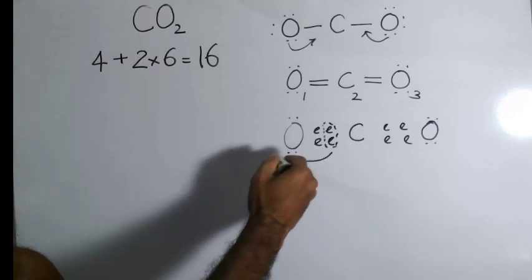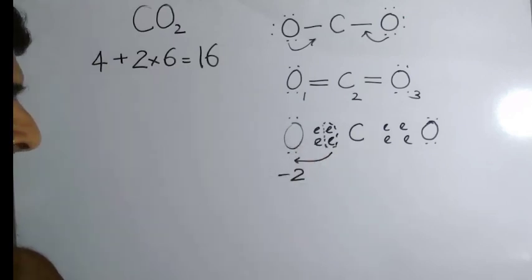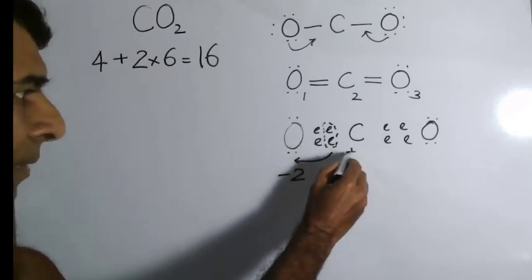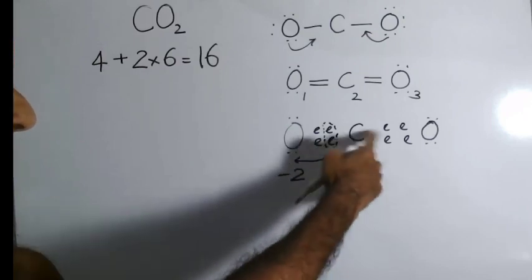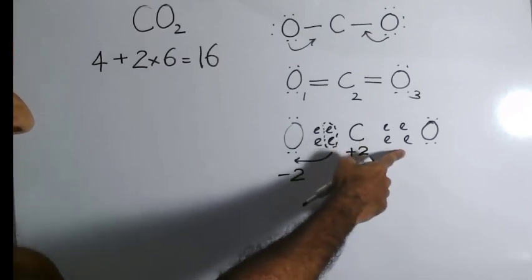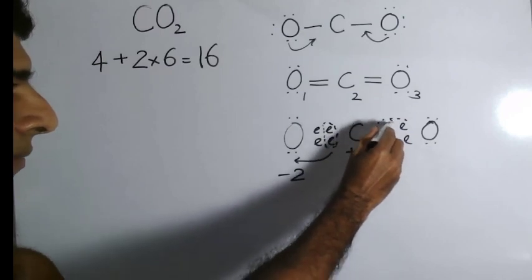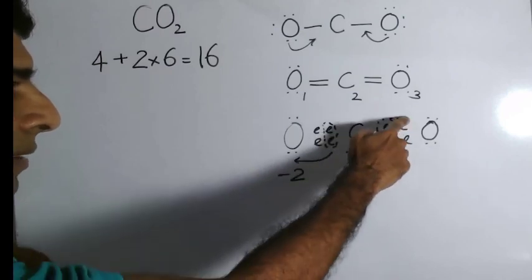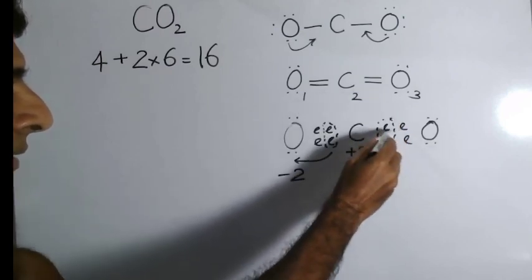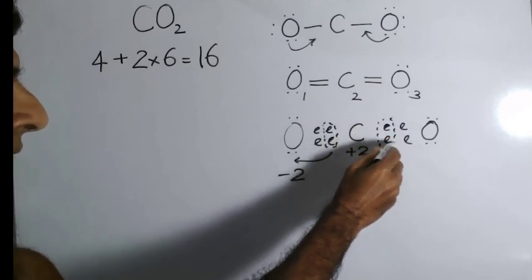Carbon peels, it lost 2 electrons. It should get +2. But there are 2 double bonds. This side also the same. Carbon lost the 2 electrons given by carbon.